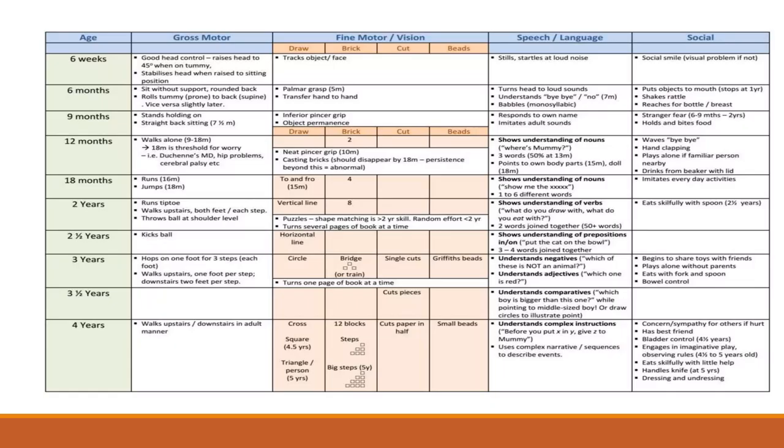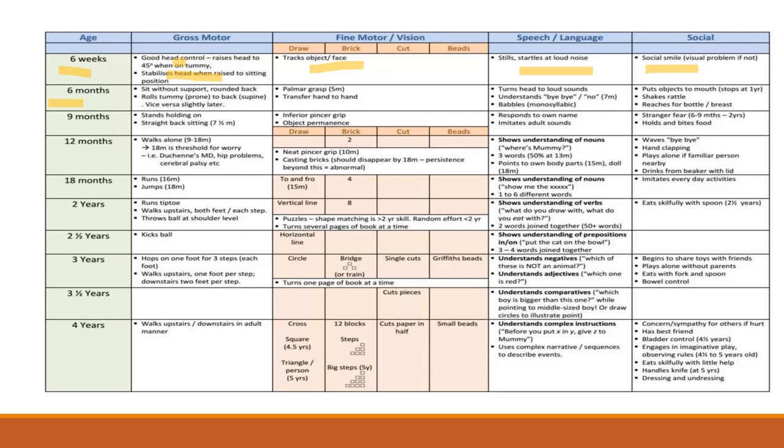So what are the gross motor, fine motor, speech, language, social developments by age? At 6 weeks, under gross motor, good head control will be there, and stabilized head when raised to sitting position. In fine motor, tracks objects. In speech or language, startles to loud noise. And in social, smile will be there.